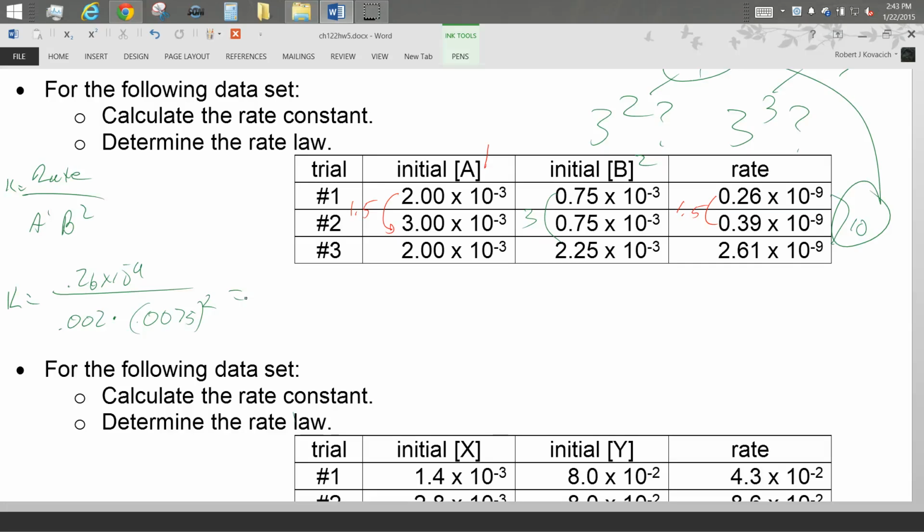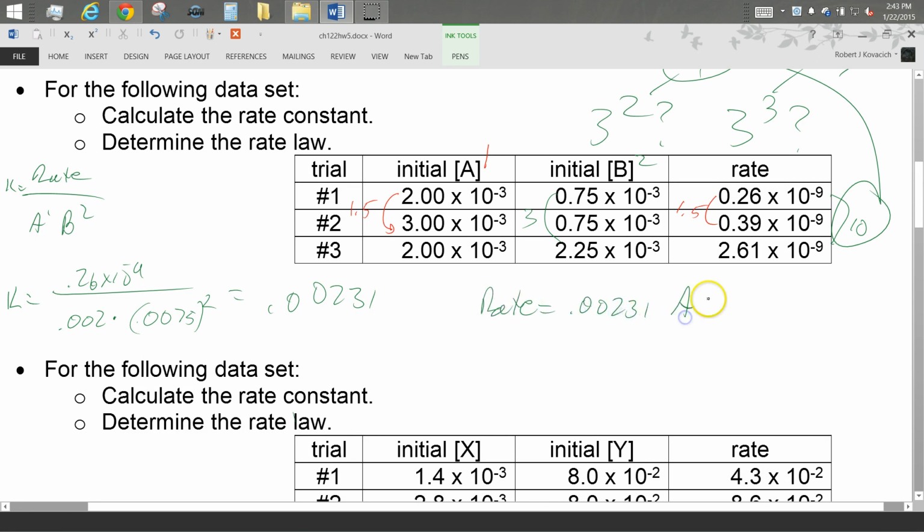All right, so if I take 0.26 times 10 to the negative 9 divided by 0.002 divided by 0.0075 squared, I got 0.00231.